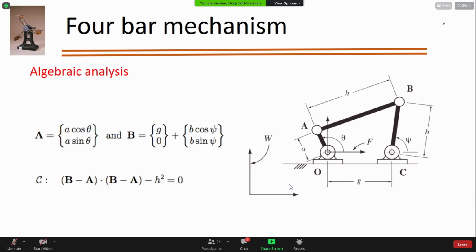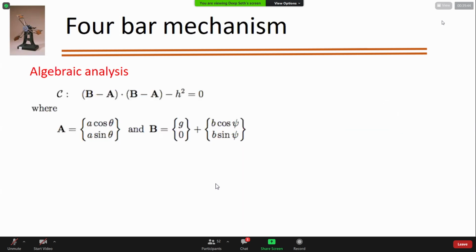This is how we define A and B with respect to this frame F. Now your constraint equation is formed through (B minus A) dot (B minus A) minus h squared, which will be equal to 0.